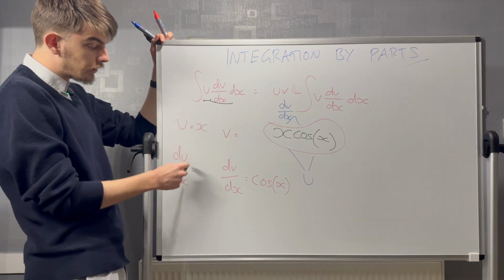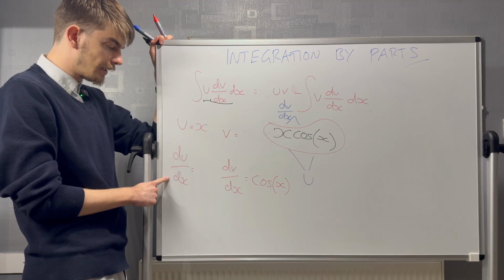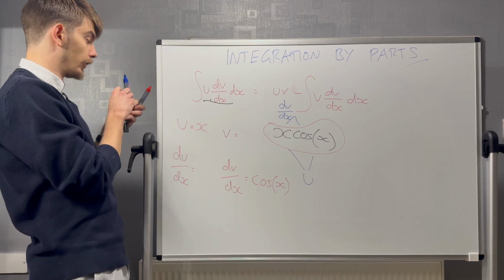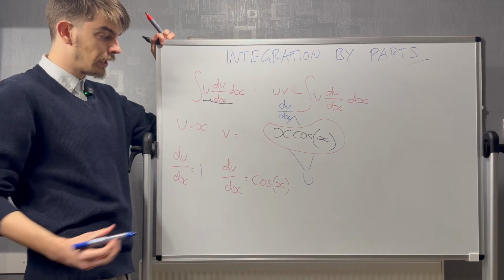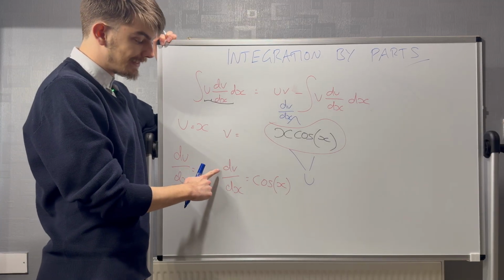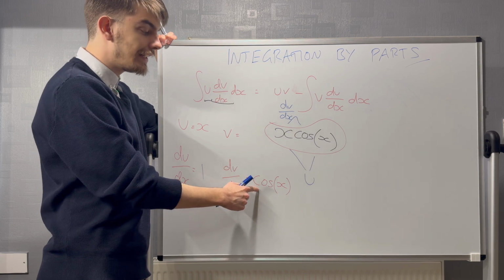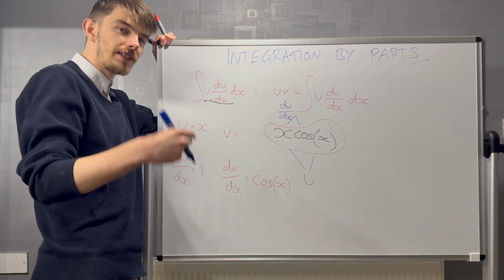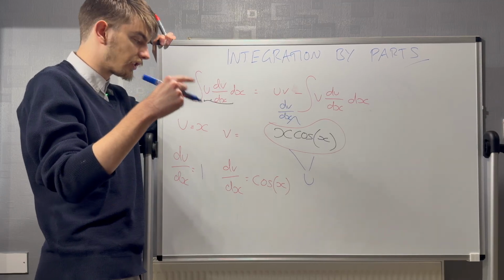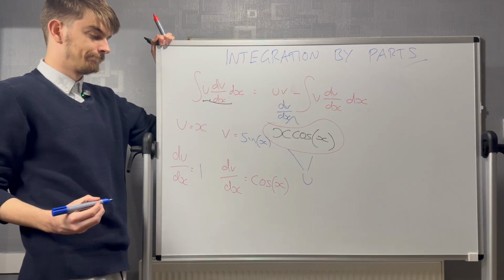And now we can fill in what the other two are going to be. So du by dx, well, that's just the derivative of x. Well, the derivative of x is 1. And this v, well, that's the integral of dv by dx, which is the integral of cos, right? Well, cos differentiates into negative sine, so cos is going to integrate into positive sine.